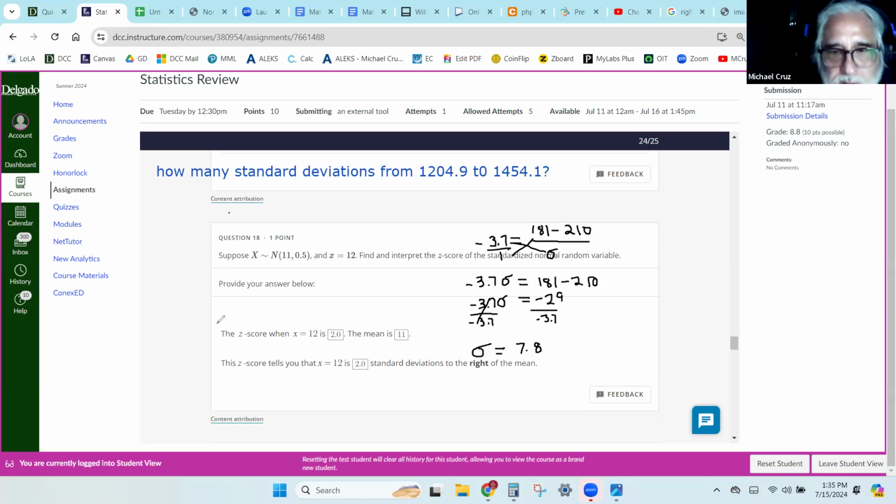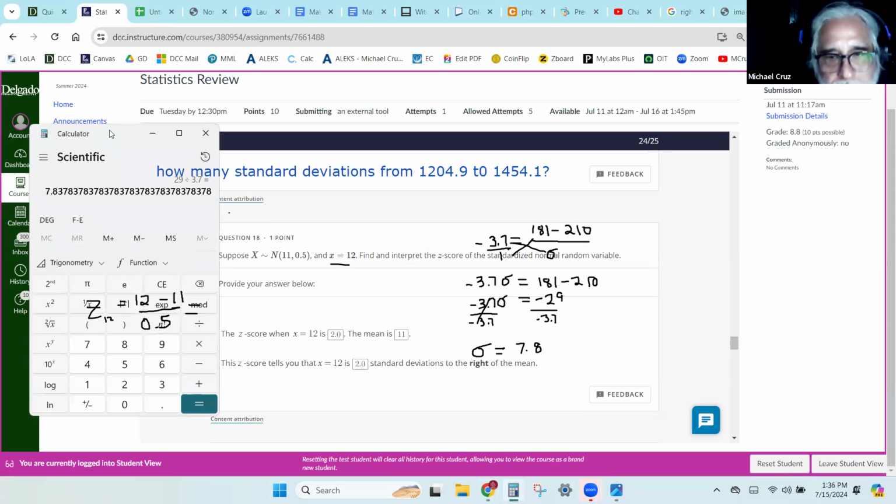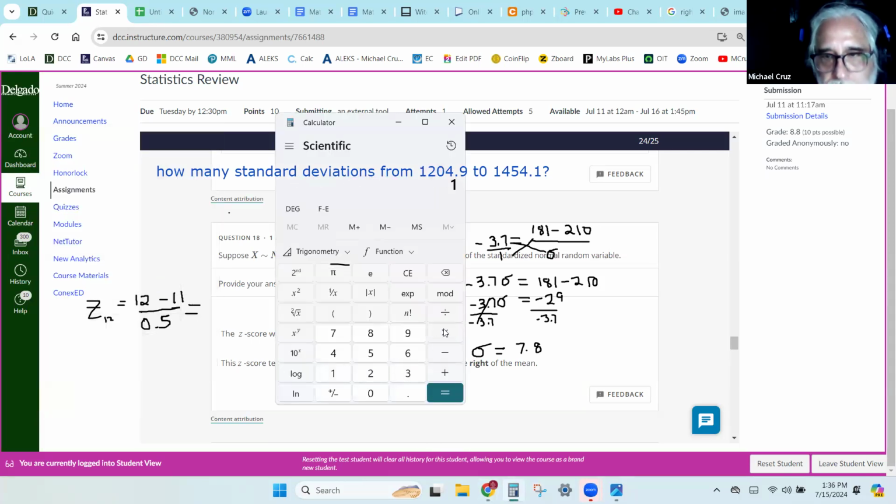So then they want us to find the z-score. So z of 12, and that's what they're telling us. So then that's 12 minus 11 is 1.